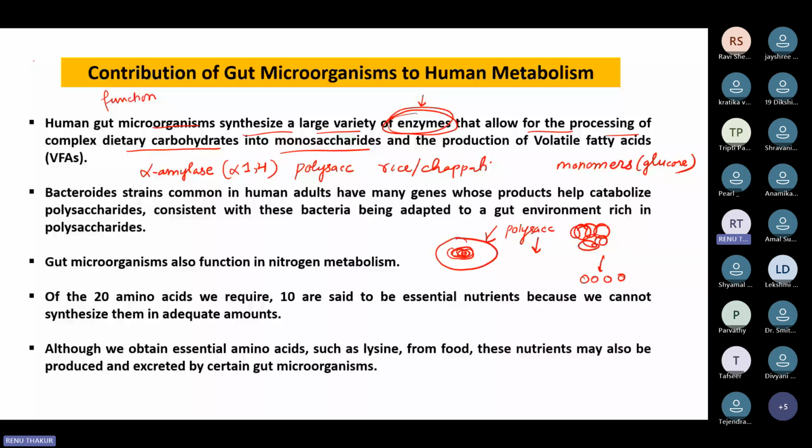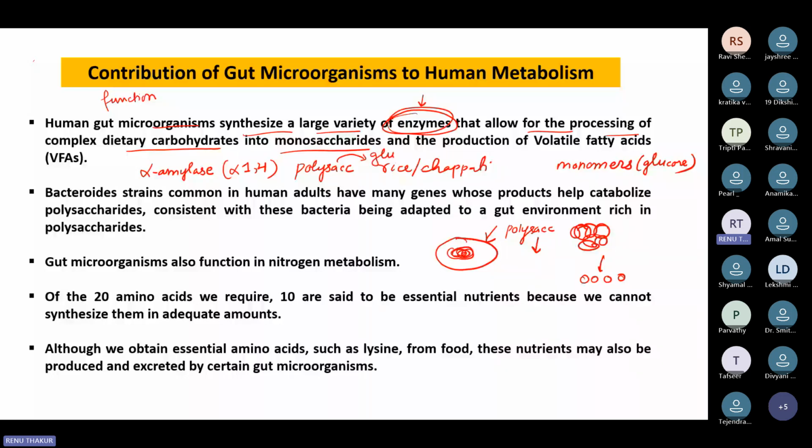So alpha amylase will cleave this alpha 1,4 bond in the polysaccharide, and then it will release what? Glucose, dextrose, and maltose likewise. The key point is that our body needs monomers to meet the daily energy expenditure. So they readily convert the polysaccharide into monosaccharide, that is glucose. For that reason, we need enzyme.